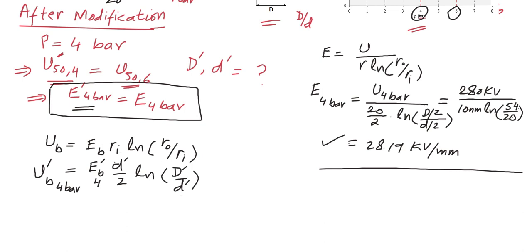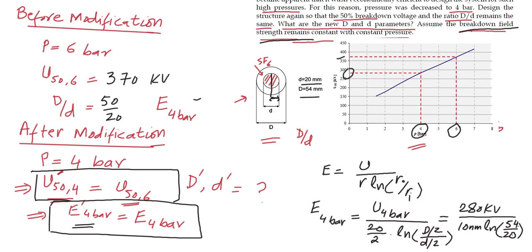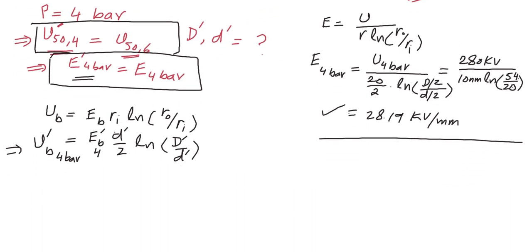Now let's put in the values. U at 4 bar equals, according to the given statement, U_50% at 6 bar, which was equal to 370 kilovolt.